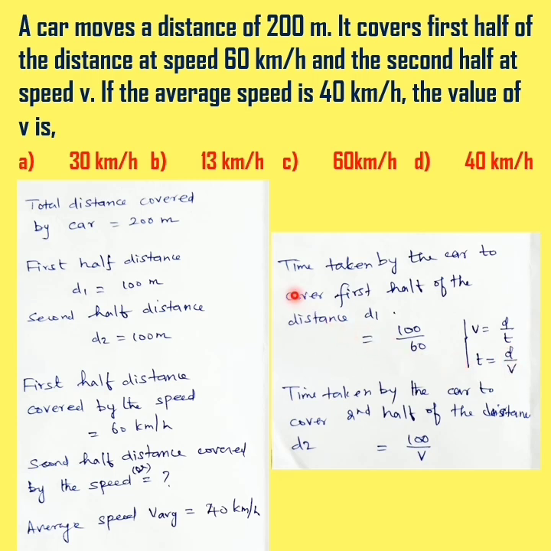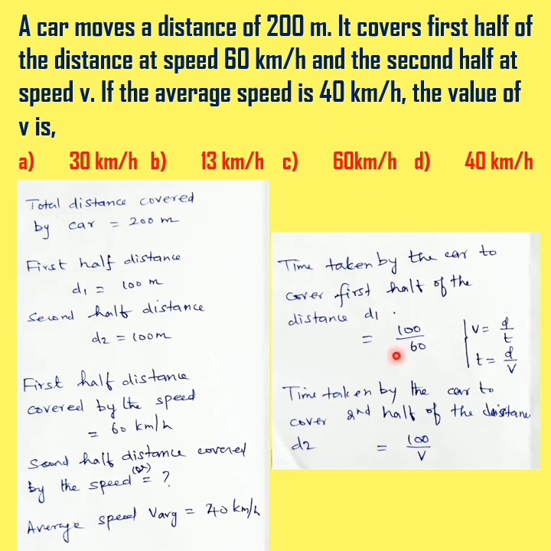From the problem statement, we know that the first half of the distance, d1, is 100 meter, covered with a velocity of 60 km per hour.